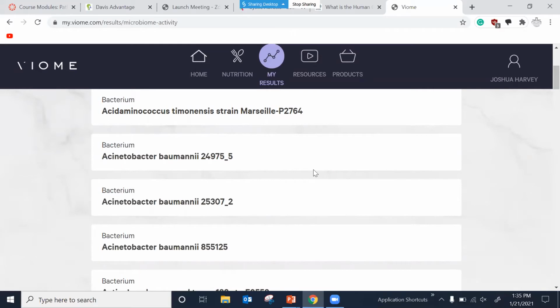Probably the biggest study happened in Australia maybe 10 years ago when we very first started to do organ transplantation. I call it organ transplantation, but it's actually called fecal transplantation, fecal transplant.